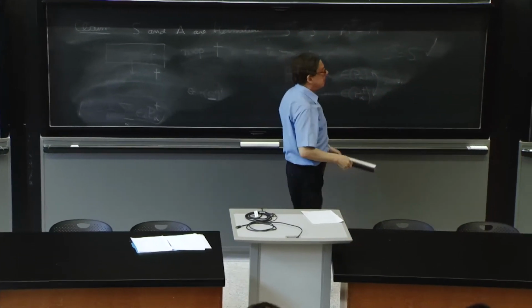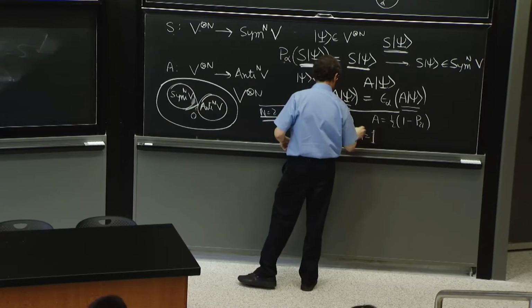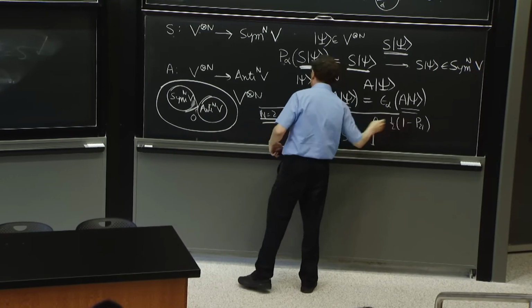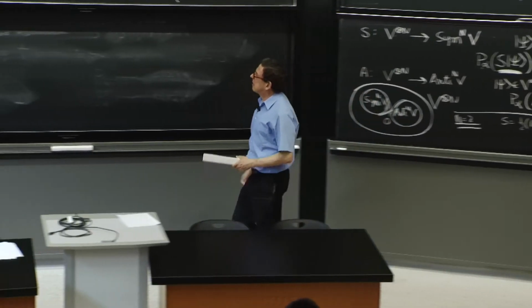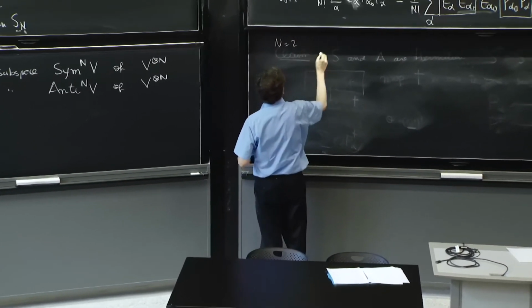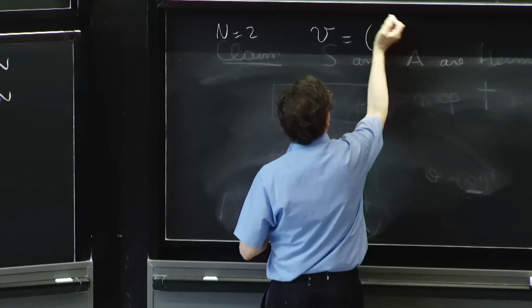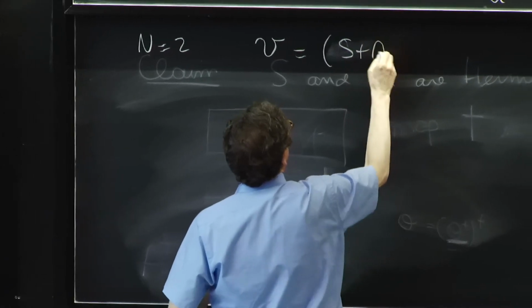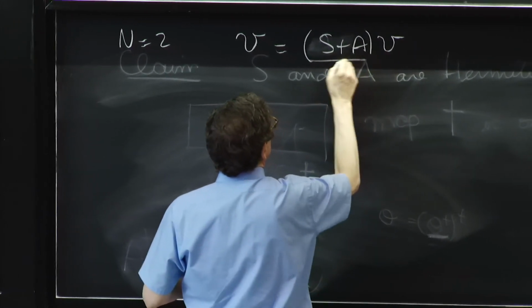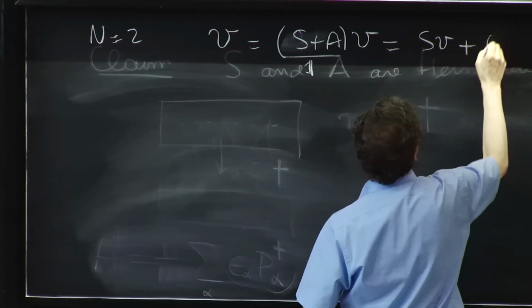And the fact that S plus A is equal to the unit operator means something, of course. It means that still for n equals 2, any vector can be written as S plus A times the vector, because this is 1. And therefore, it's SV plus AV.